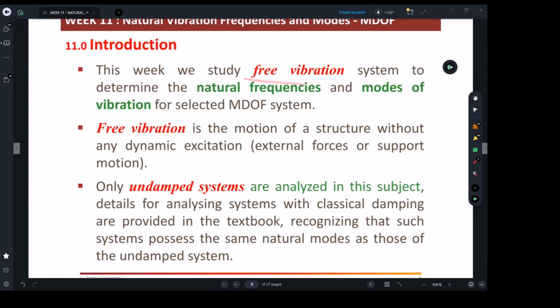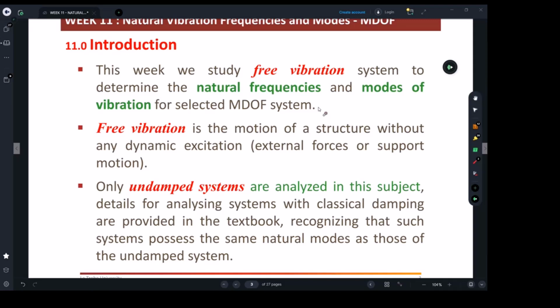understand that this week we're going to be looking at free vibration tests. And from the equations of motion we developed last week, we will aim at developing the natural frequencies or time periods, whichever parameter. So omegas or T, the time period, we will be calculating this week.